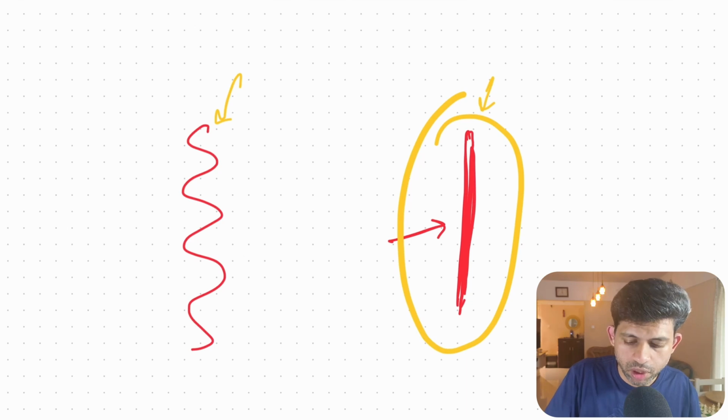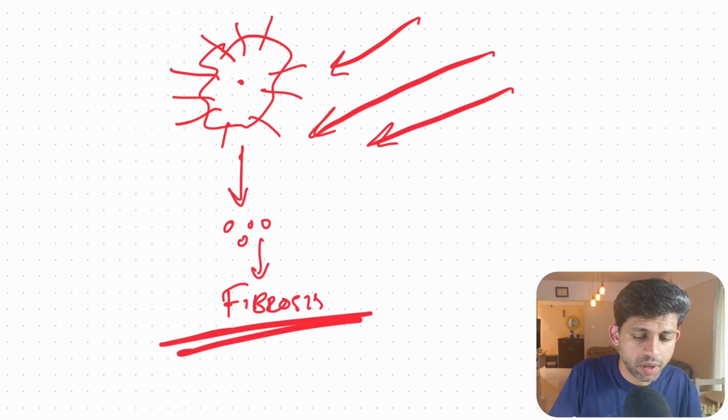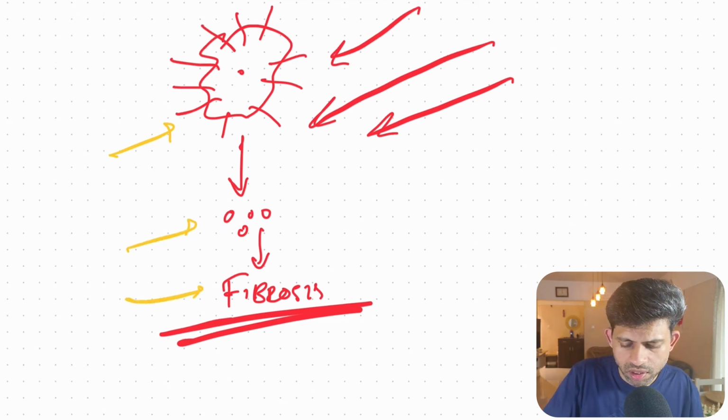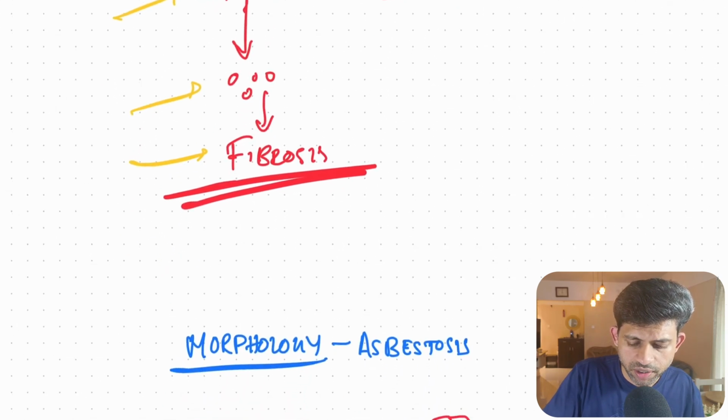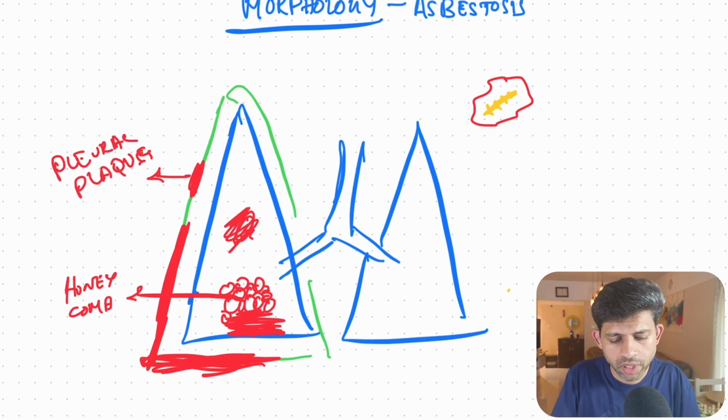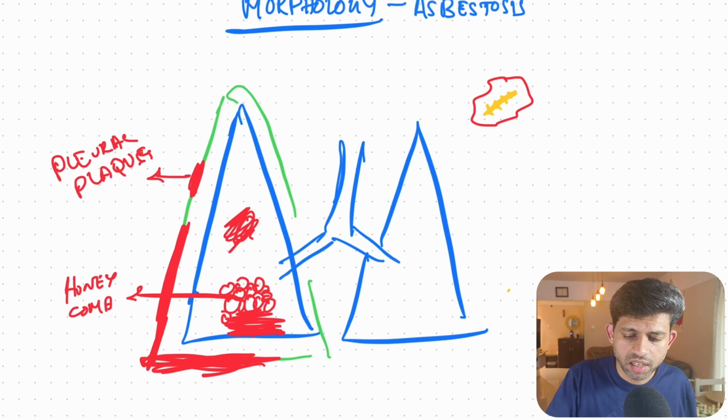Amphibole is more pathogenic. Pathogenesis is similar to other pneumoconiosis: inflammasome production, inflammatory cells, and then later on fibrosis. This is the usual progression. And under morphology, we saw that it occurs mostly at the lower part of the lung, can cause honeycombing, and then pleural plaques, mesothelioma, and lung cancers can occur. And under the microscope, you see asbestos bodies.